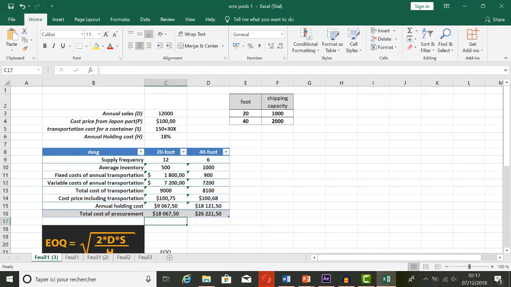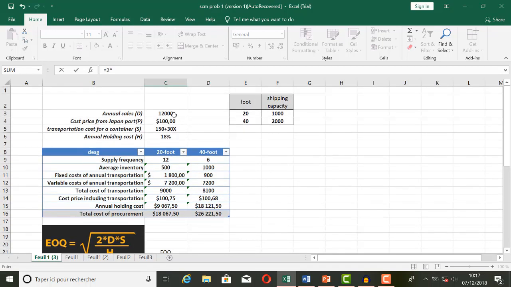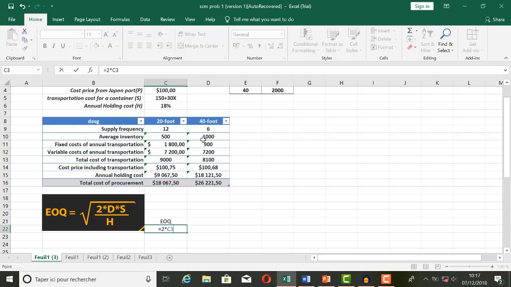Now, coming to the economic order quantity calculation, I've made a screenshot of the formula. And in order to make the calculations easy, we are going to split it across different cells to make sure that it does it correctly. So the first thing we are going to do is calculate the top part of the equation, and we have economic order quantity equals the square root of 2 times D times S divided by H. So the top part of the equation would be 2 times D, which is our annual demand, times our ordering costs of 150.